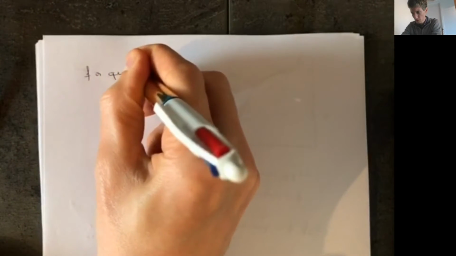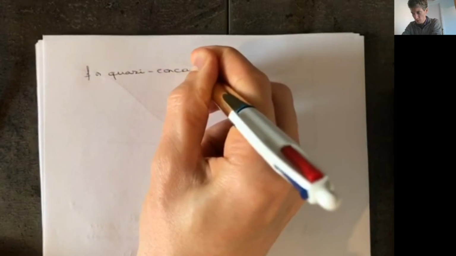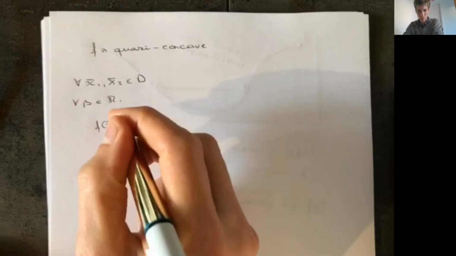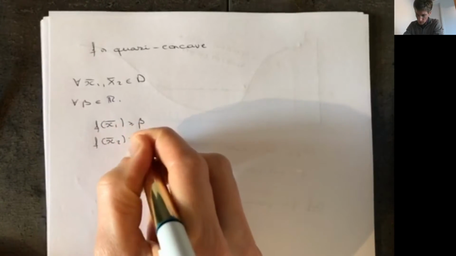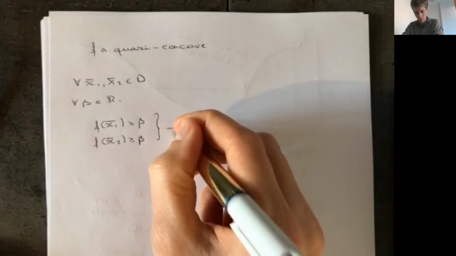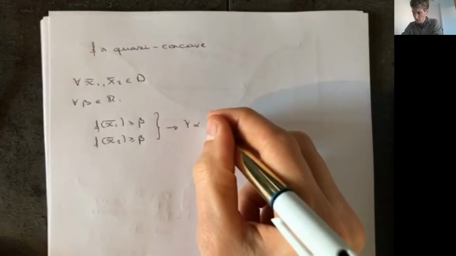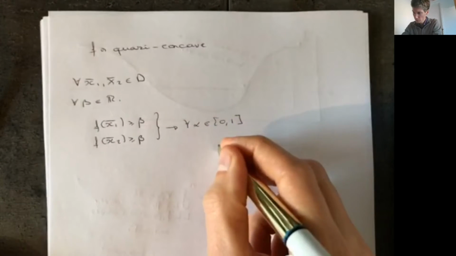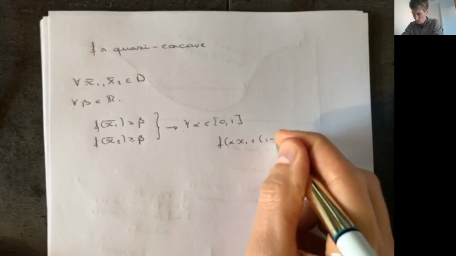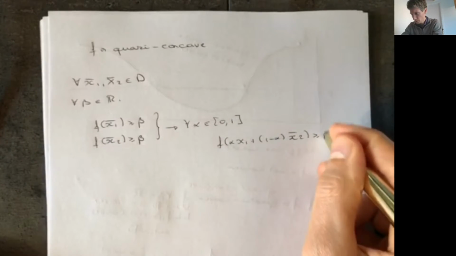For quasi-concavity, you have a similar definition. F is quasi-concave if for all x1, x2 in the domain, and for all beta in R, if f of x1 greater or equal to beta, f of x2 greater or equal to beta, then I have that for all alpha between 0 and 1, f of alpha x1 plus 1 minus alpha x2 should also be greater or equal to beta.